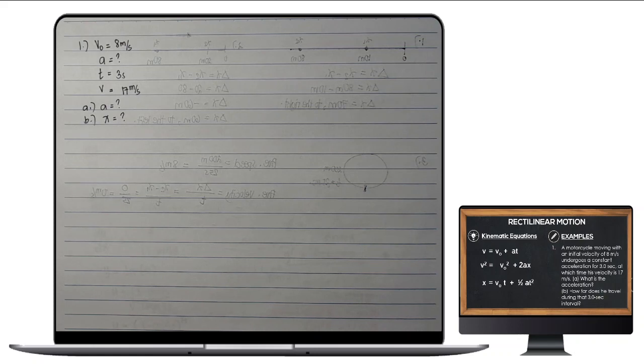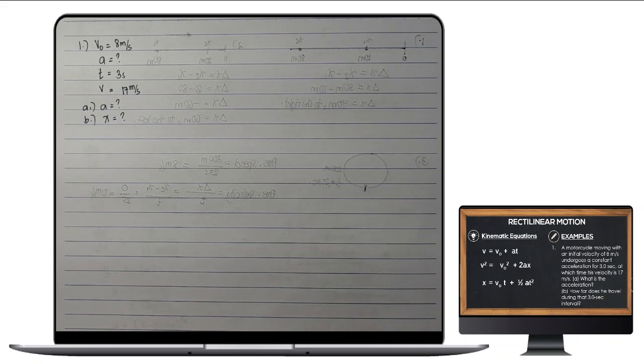In this case, equation number 1 is V is equal to V sub O plus a times t. So, we have there the final velocity, initial velocity, acceleration, and time. In the second equation, we have the final velocity, initial velocity, acceleration, and the displacement. Notice in equation 2, we do not have acceleration and we do not have the displacement. So, we have two unknowns in the second equation. Therefore, we cannot use that.